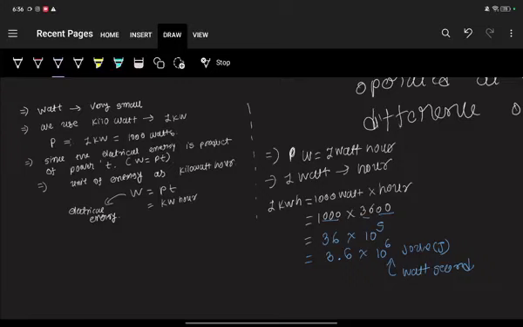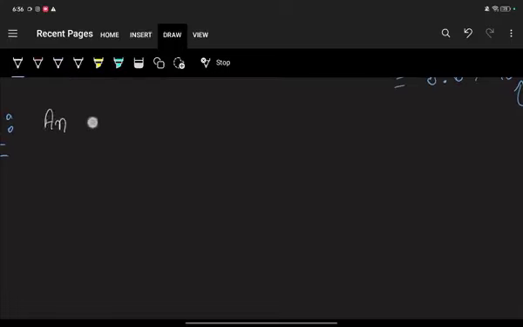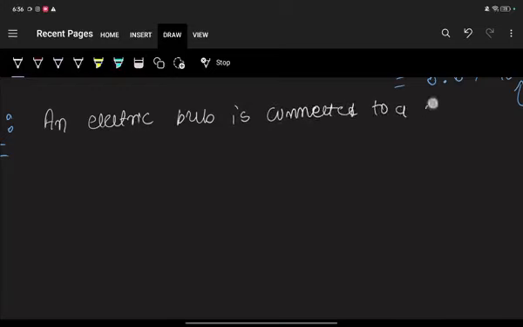Okay, so now you know what is electric power. So let's take one example. The question says an electric bulb is connected to a 220-volt generator.